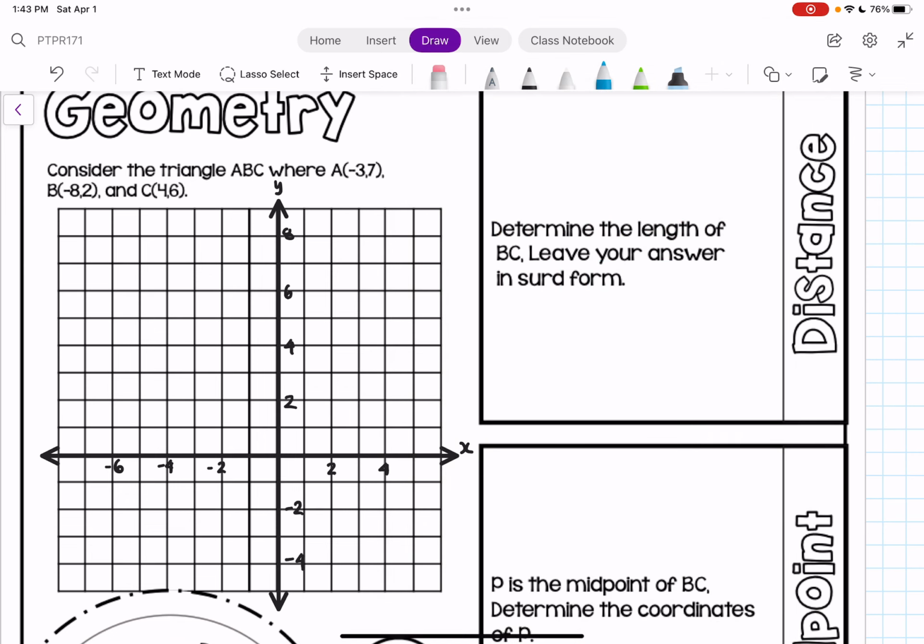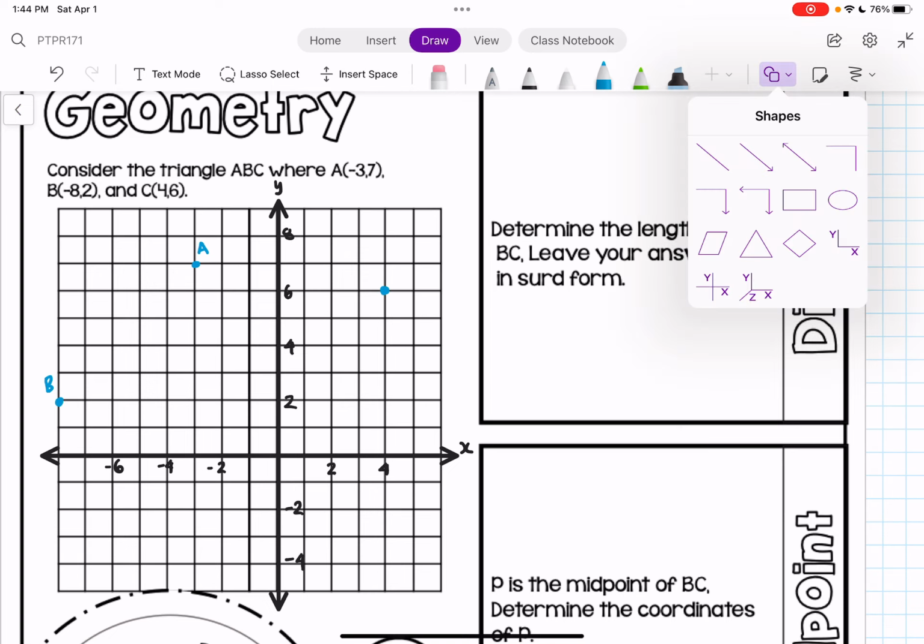Okay, so we're going to plot these points. A is at -3 and 7, so -3 on the x up to 7 on the y. B is at -8 and 2, so B is all the way over here. I just barely made it for him. And C is 4 and 6.